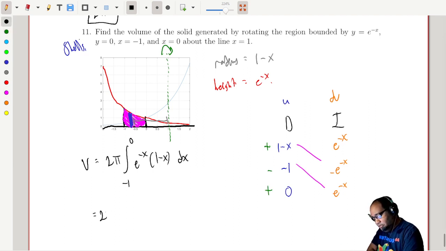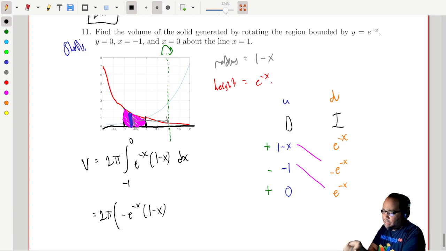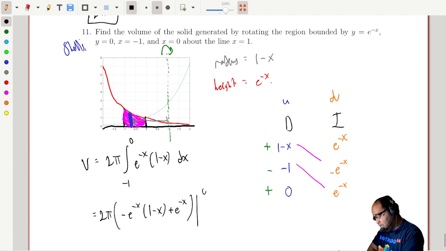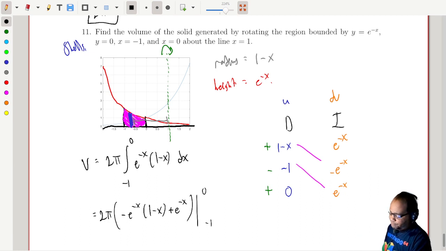So this integral here, we have negative e to the minus x times 1 minus x. Plus times minus is minus. And then minus times minus is plus, so we have plus e to the minus x, evaluated between 0 and minus 1. Once again, defer to the calculator here.